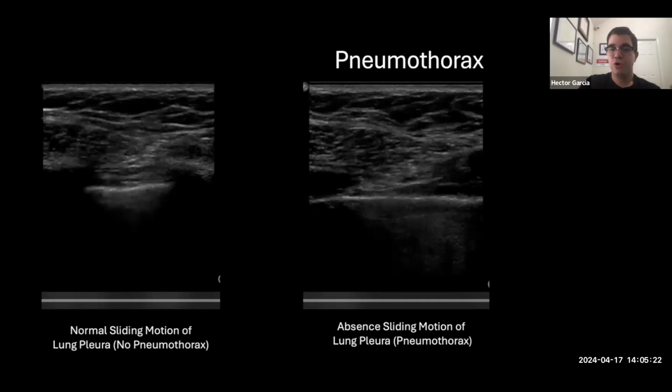A patient was dropping their oxygen significantly. I was on my pulmonary rotation, and the attending quickly brought an ultrasound, because even though an X-ray can be done, sometimes ultrasound is much better for these quick cases. This is what the attending was looking for: whether or not there is motion of the lung pleura would tell you if there is a pneumothorax.